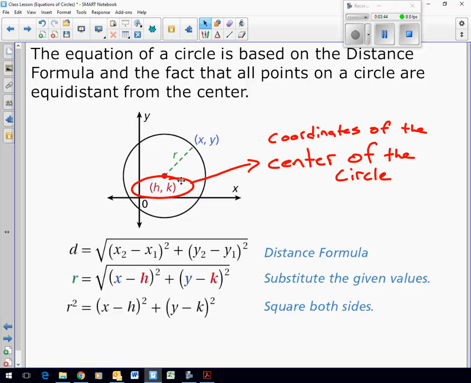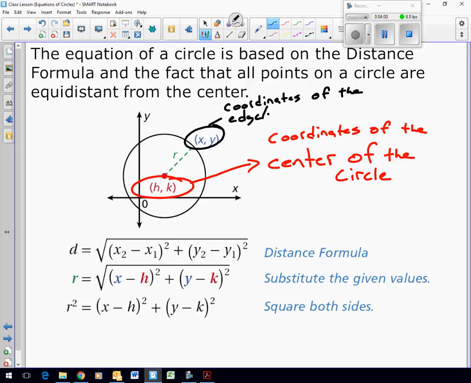So any edge of the circle has coordinates of X and Y. Edge, I called it rim. Yes, it matters. Yes, you have to be precise. The sooner we get it, the easier it's going to be down the road.